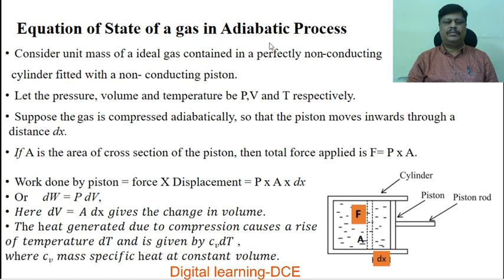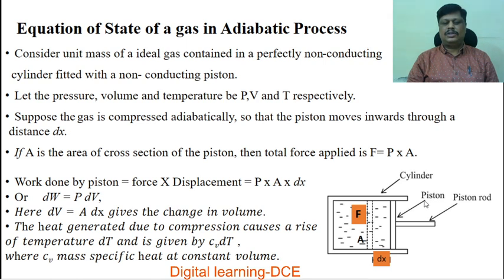So to derive the equation of state of a gas in an adiabatic process, let us consider a unit mass of an ideal gas contained in a perfectly non-conducting cylinder fitted with a non-conducting piston.